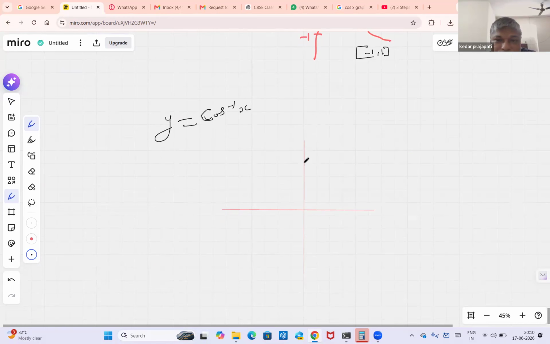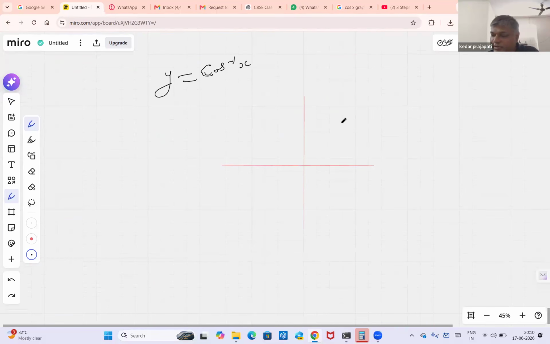So it is going from here, not so far. We can draw little nearby. Coming, and it is going like this. Only this region, right? Not this also.